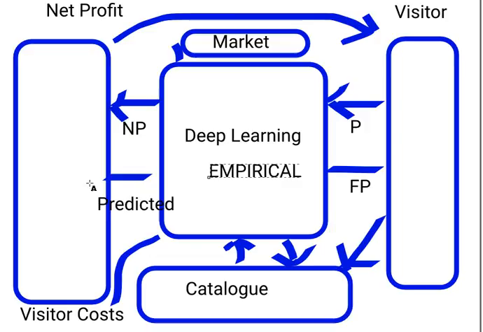So we can say, in order to get a net profit of say £1 million, what pricing structure should we have here and what catalogue should we produce, making certain predictions on the history of the market.